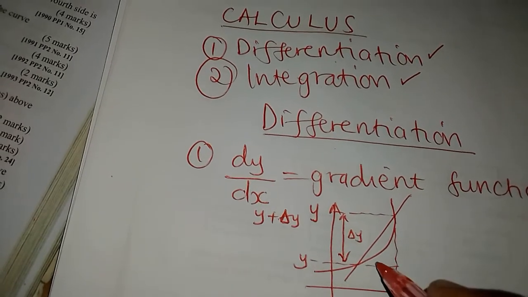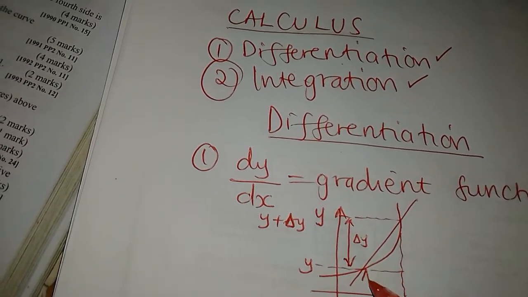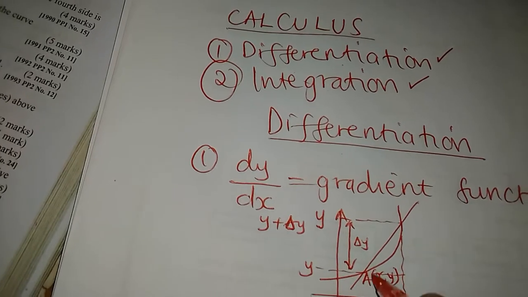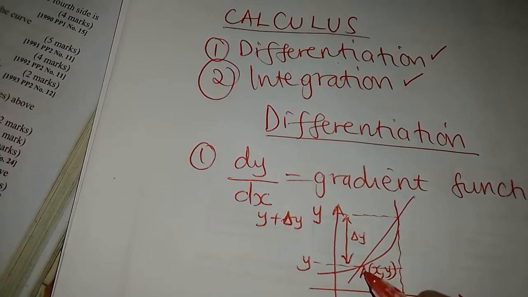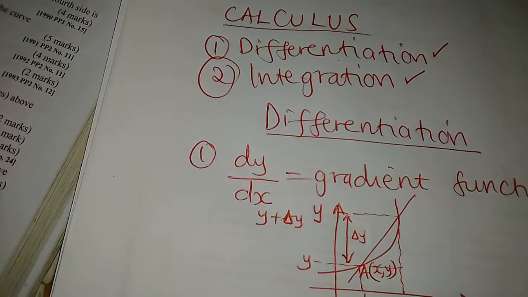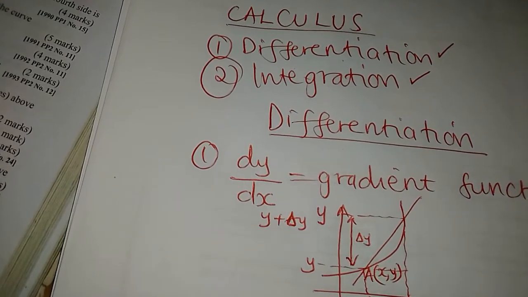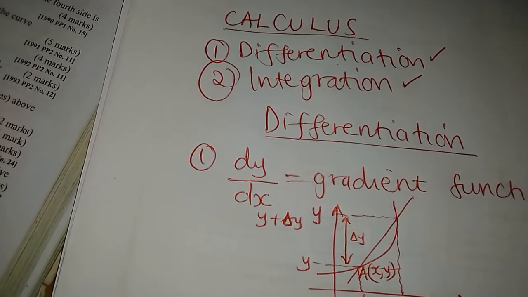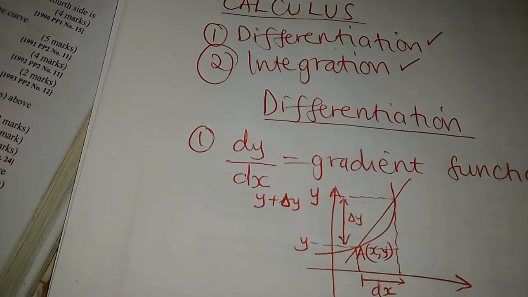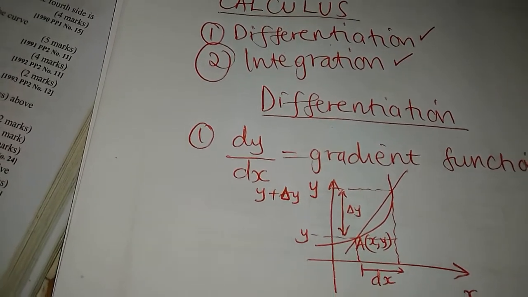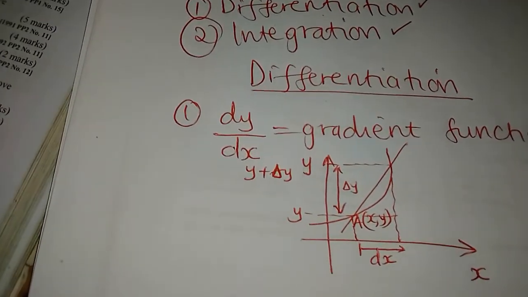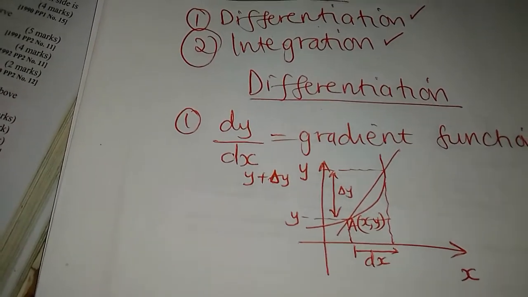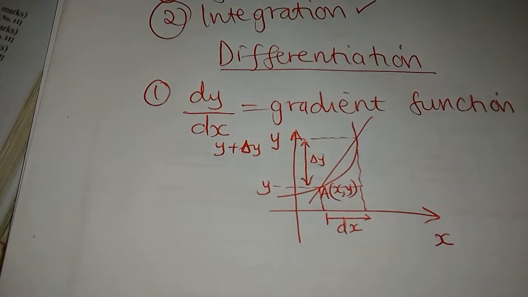You may have here x, y, so a point A that has x, y, and in that case you might have something of this sort. So you can say change in x. Good. That is dx. Now that's just a simple sketch of how a curve can look, and we may not discuss this much, and we may just go straight to what we can do for today.